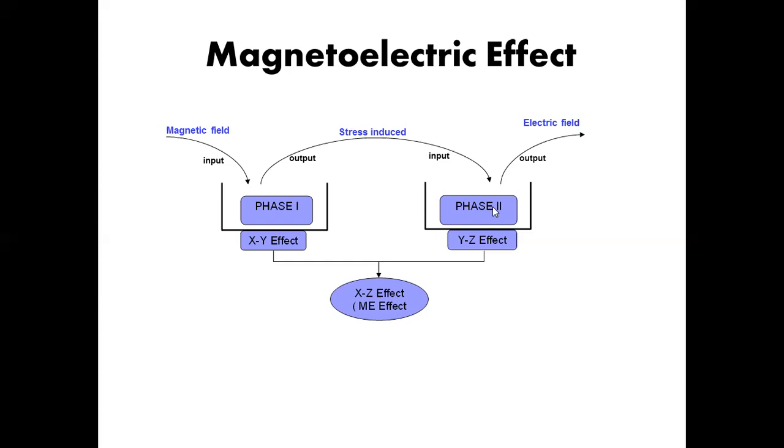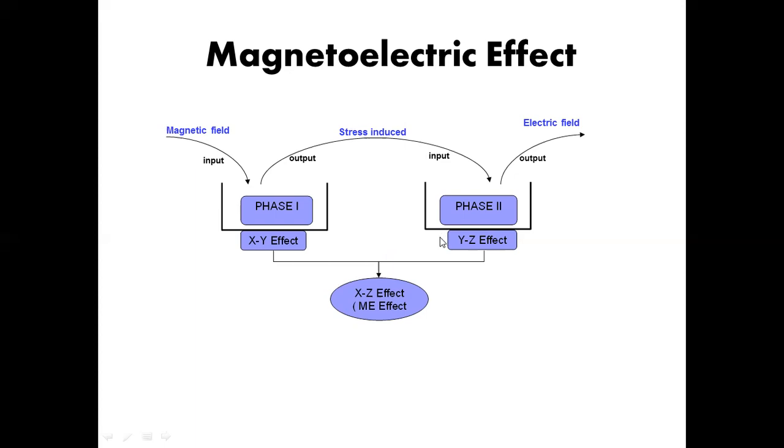Of course, a small voltage is developed across the phase two material. The collection of charges over the surface of this phase two material will lead to some voltage, as well as some electric field being created. So the electric field is the output. Here we have inputted the magnetic field, but we are getting the electric field as the output.